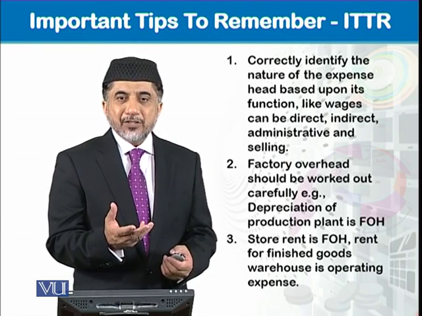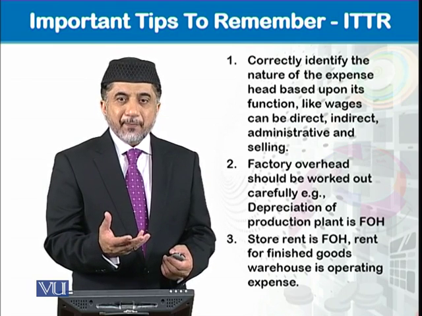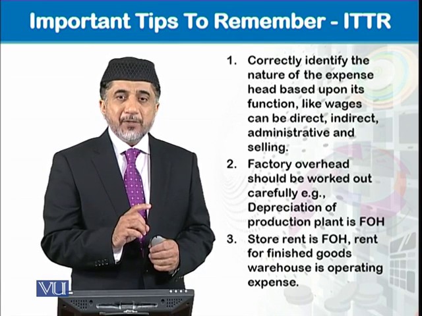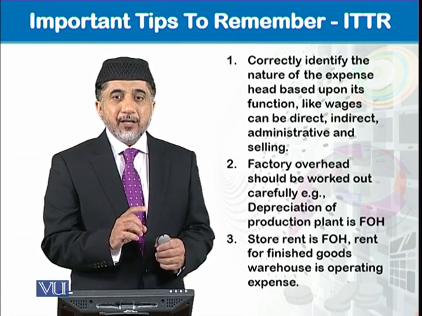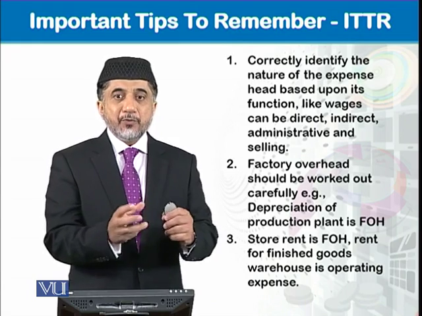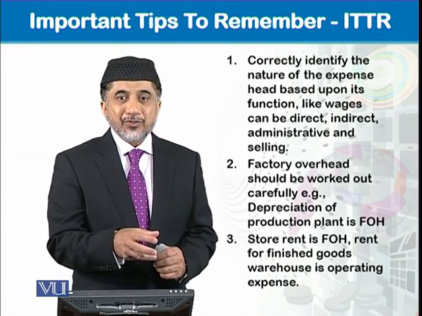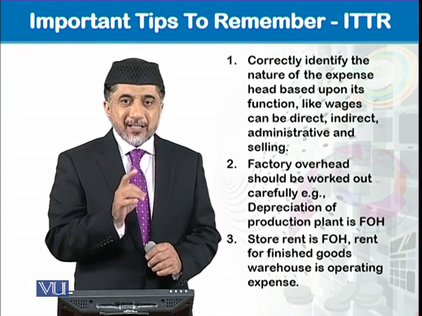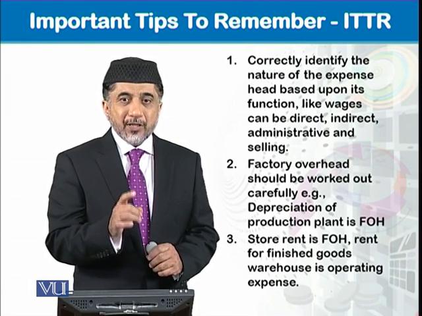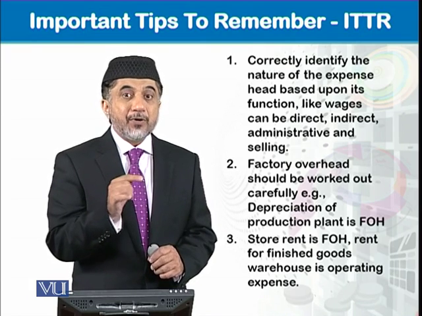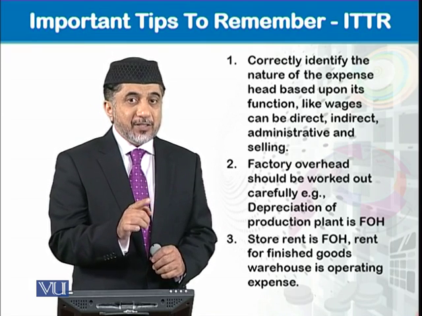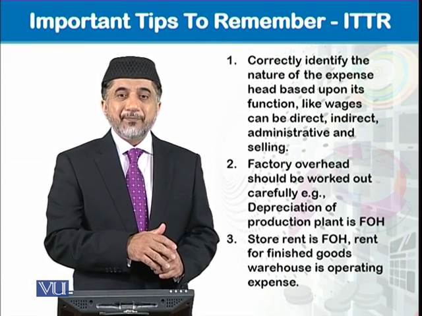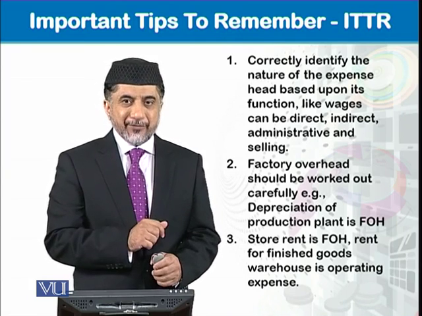And there could be wages for the administrative staff. Why am I emphasizing this point? Mostly people say wages are to be taken to the cost of goods sold. Wrong. Just see the concept. Is this the wage of the person working in the production function, or the wage of the person working in the sales department? Accordingly, you have to identify.